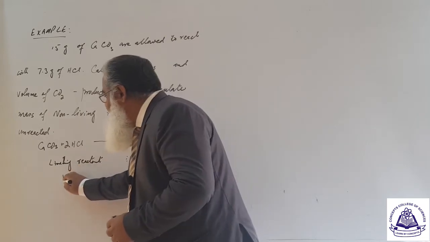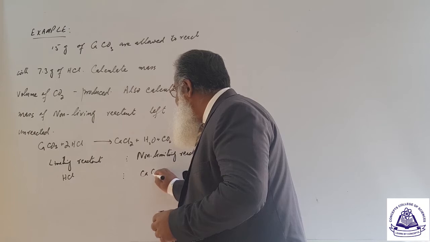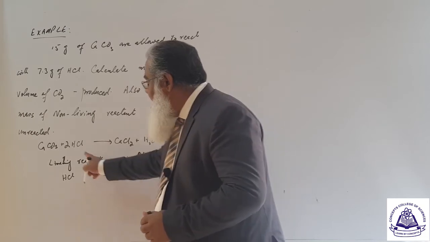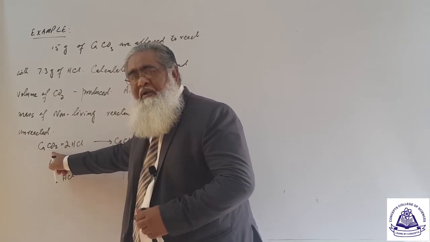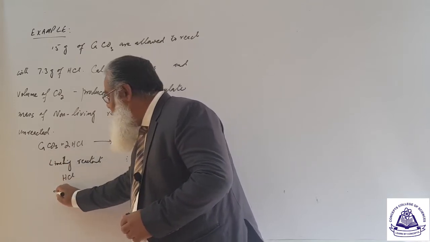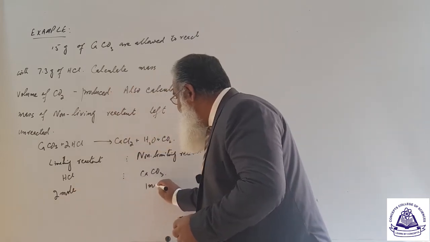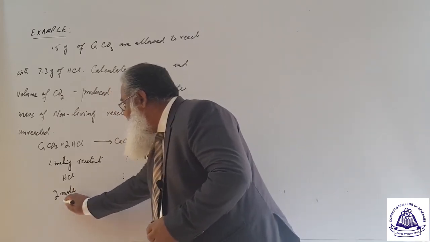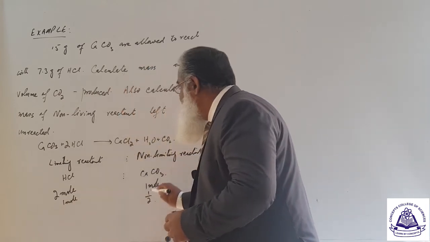We know that our limiting reactant was hydrochloric acid, and the non-limiting reactant is calcium carbonate. The balanced chemical equation says that 2 moles of HCl will combine with calcium carbonate 1 mole, hence 2 moles of HCl will need calcium carbonate 1 mole, and 1 mole will need 1 by 2 mole.